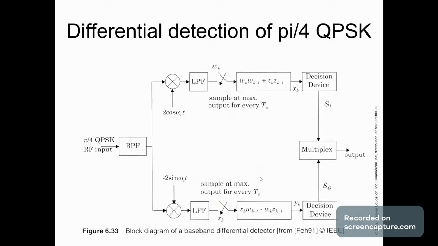Okay, so differential detection of pi by 4 technique. This can be in other terms like baseband differential detection. So what happens here is omega k is equal to cos phi of k minus del.